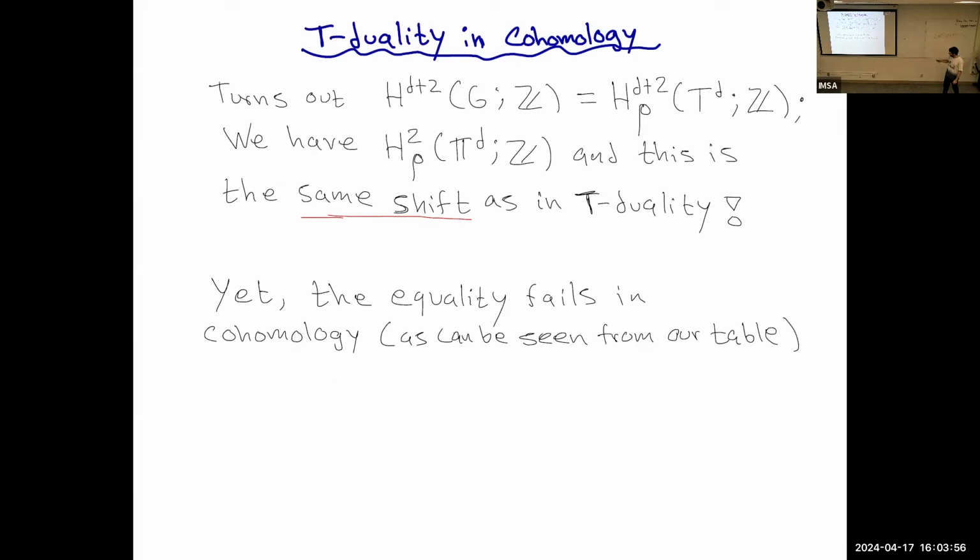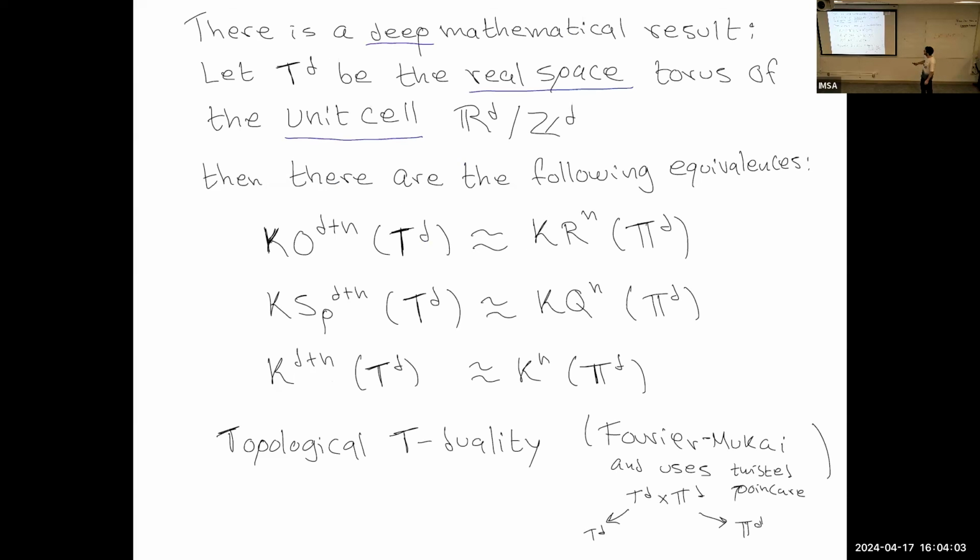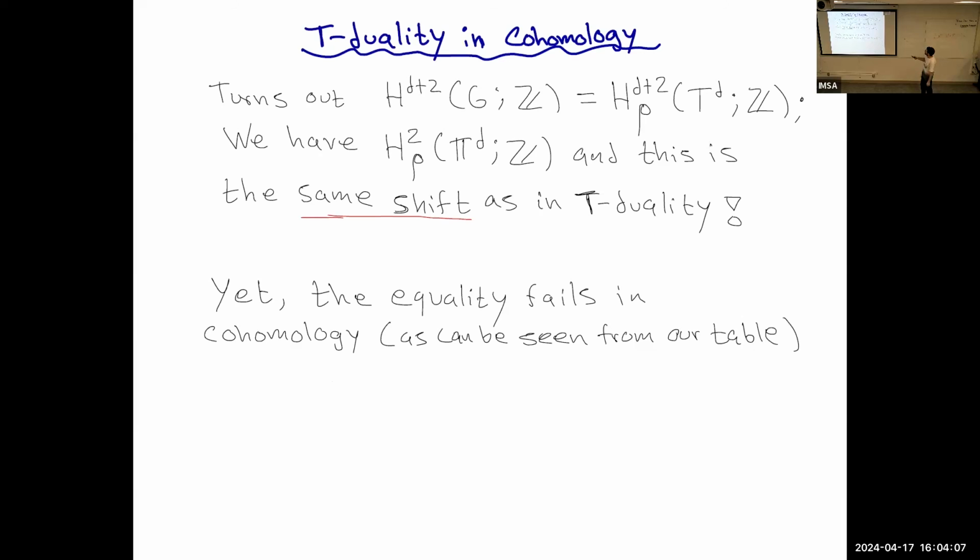Remember this number d plus 2, right? The shift in degree here is by b, and here, what did we get? Well, we got H2, but of the Brillouin zone. And what do they have? It turns out that the group that they have is equivalent to this group with b plus 2 in the real torus.